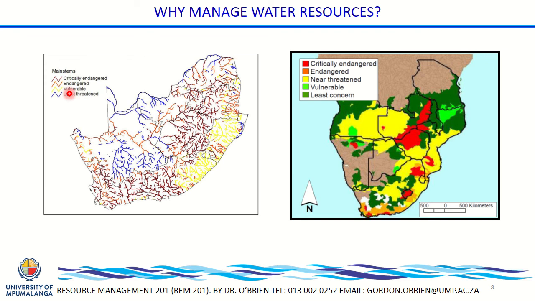By the way, who knows where this blue area is? Where the rivers are not threatened. Kind of, yeah. Northern Cape. But what is that area?